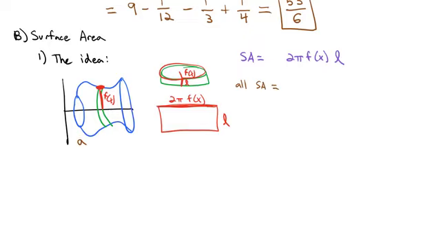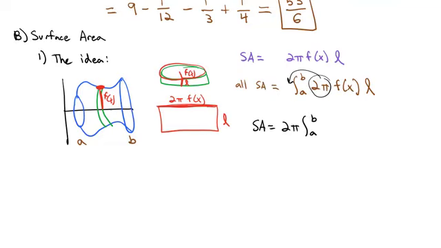So again, we're going to integrate from a to b to get all the pieces added together of 2 pi times f of x times the arc length. Well, 2 pi is a constant, so we can pull that out front. So the surface area is the 2 pi times the integral from a to b of f of x times our arc length.